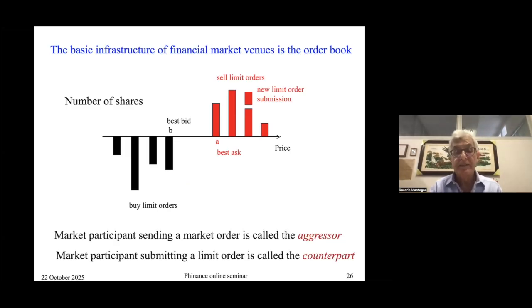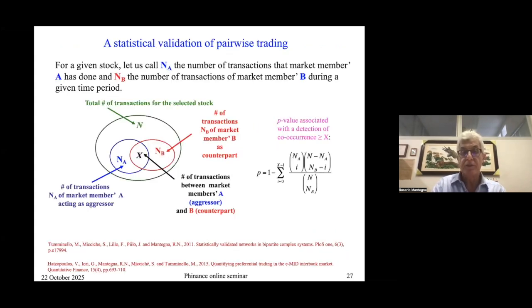When you send a market order, you are called the aggressor, in the jargon of the market. And the participant that submitted the limit order is called the counterpart, because the one that takes the action of performing the transaction is the aggressor, and the other stays there waiting for someone willing to accept the price proposed in the limit order.